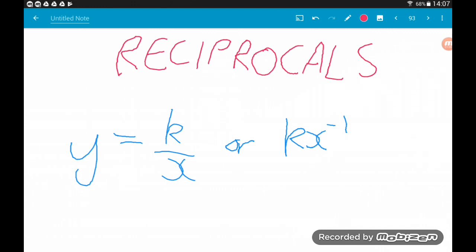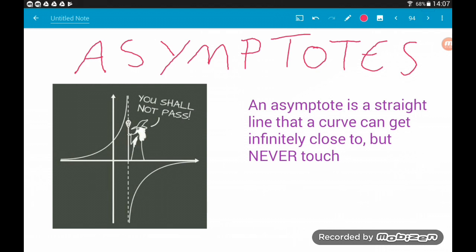Now, with graphs like this, we run into a bit of a problem with specific values, in particular with these simple ones when x is equal to 0 and when y is equal to 0. We'll see why in a moment, but these two problems create special lines for us which are called asymptotes.